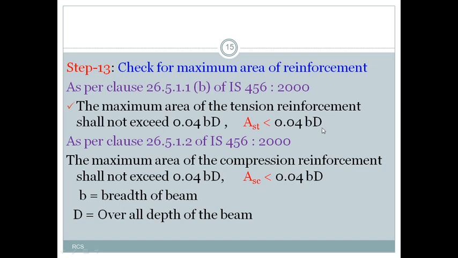That is 4% of BD as an individual limit, if you take the compression, or if you take the tension. But the question asked for the total reinforcement in a doubly reinforced beam, which is 8% of BD. That is 8% of the gross cross-sectional area, or 0.08 of the gross cross-sectional area. Just think twice when you are answering the question, whether it is asked with respect to compression or tension, or total.